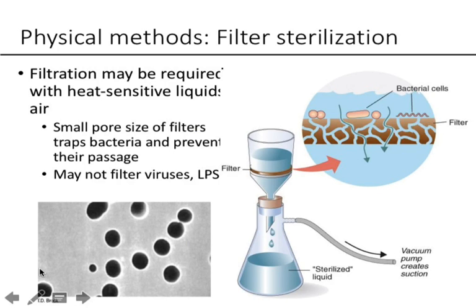If you've ever heard of a HEPA filter, HEPA, high efficiency PA filter, I don't remember what the last two are for. But basically they have these in hospitals, some homes have them nowadays as well. They have a very fine mesh that prevents the flow of bacteria, but also prevents the flow of viruses through them as well.